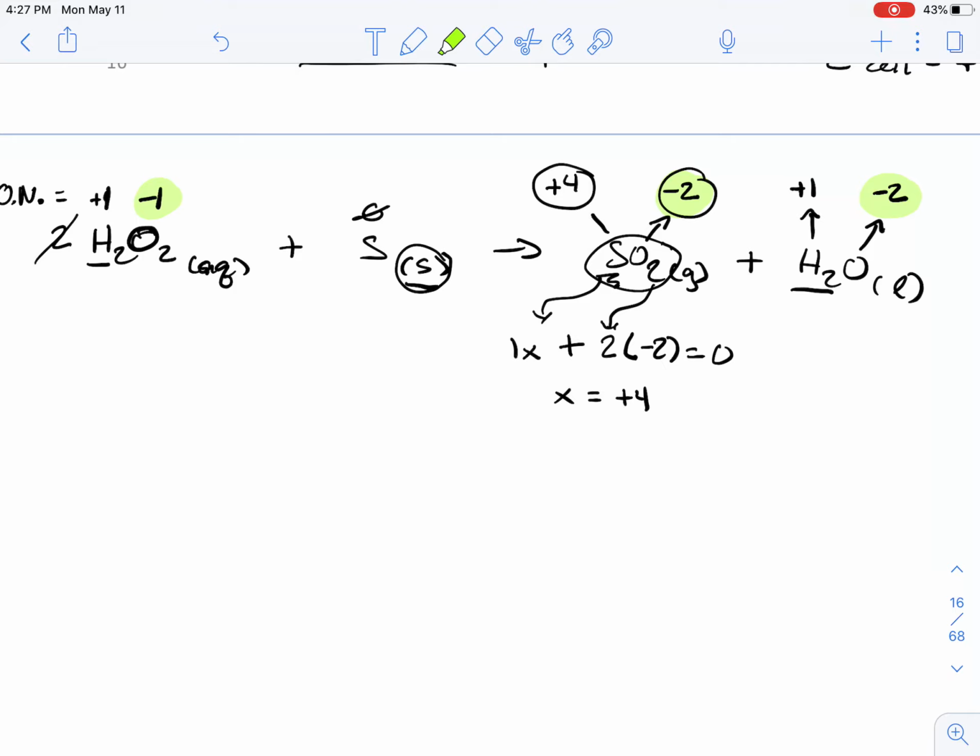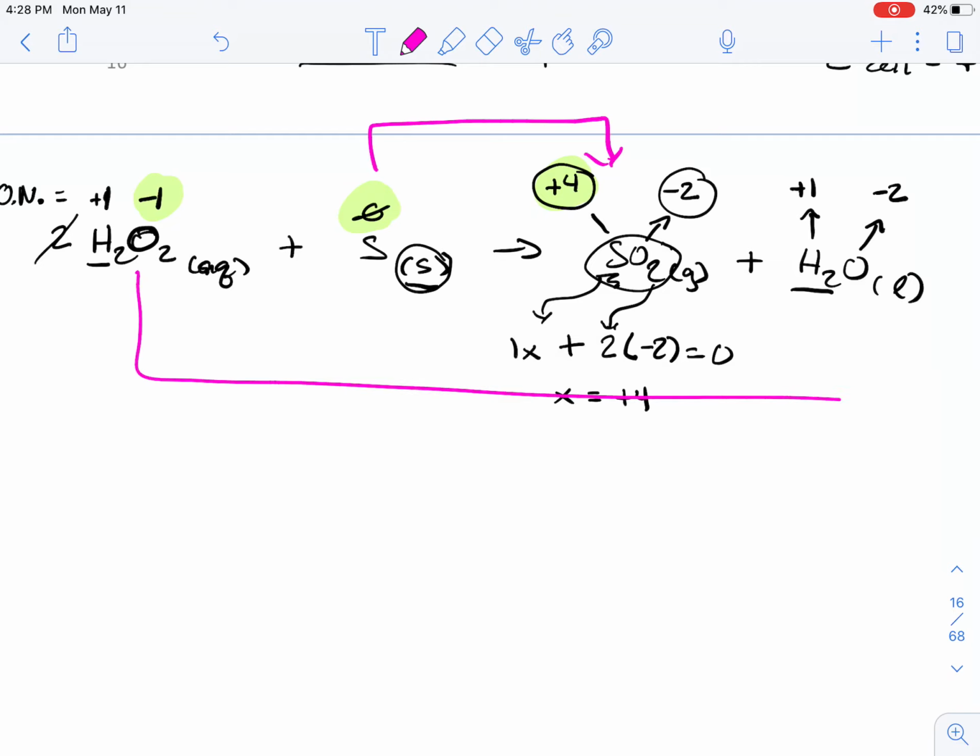If you look at sulfur, sulfur goes from 0 to +4, and we only see one place for sulfur. So it looks like these two are going to be connected, leaving me with these two that are going to be connected.